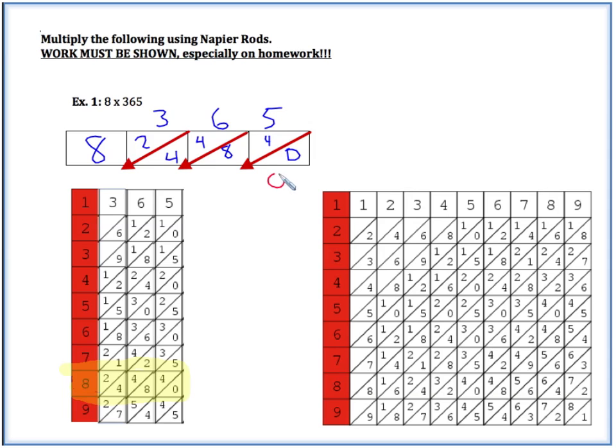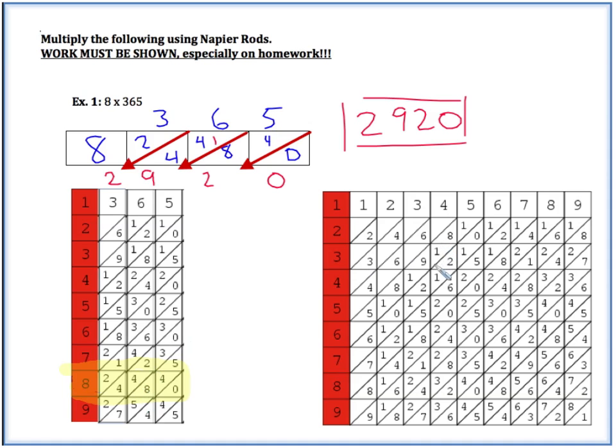So here we have 0, 4 and 8 is 12, so that's a 2 and a 1. Then 1 plus 4 plus 4, that's 9, and then we have a 2. So in this example, we get 2,920 without doing any multiplication at all. And that's the power of the Napier rods.